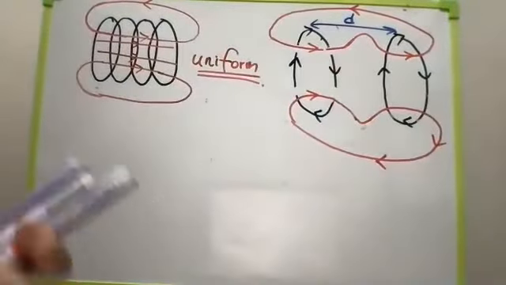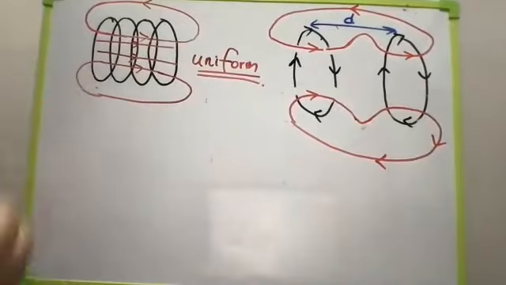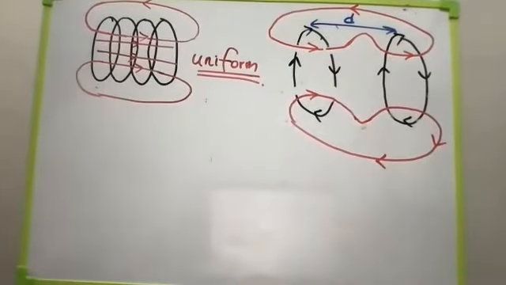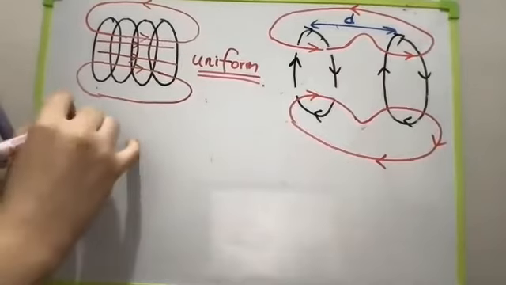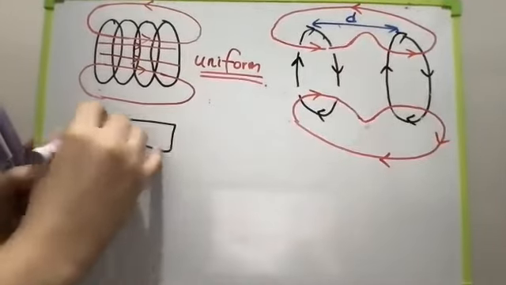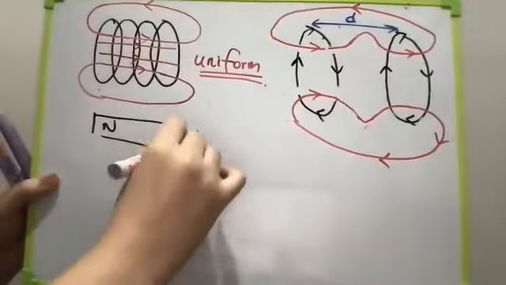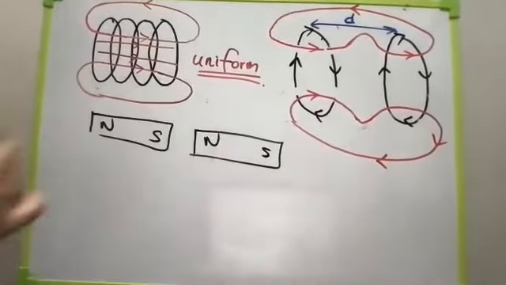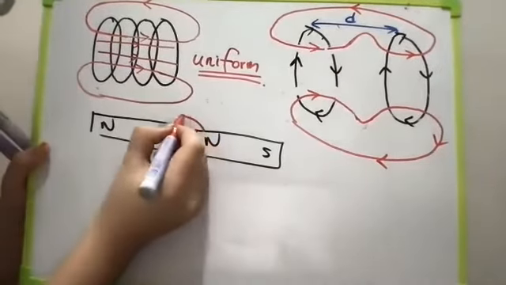And how do you produce a uniform magnetic field? Besides the middle of the coil, you can also use a magnet. You place the magnet like this, north and south, and here north, south. The magnetic field always points from north to south, right?